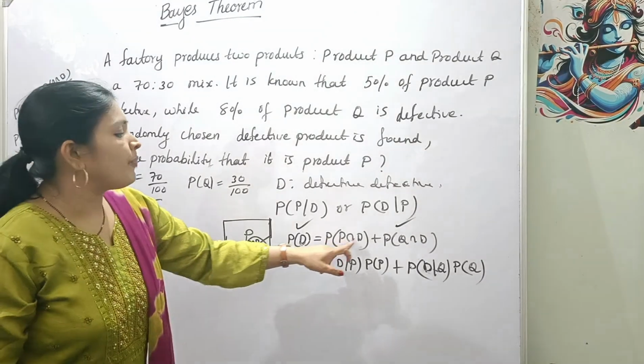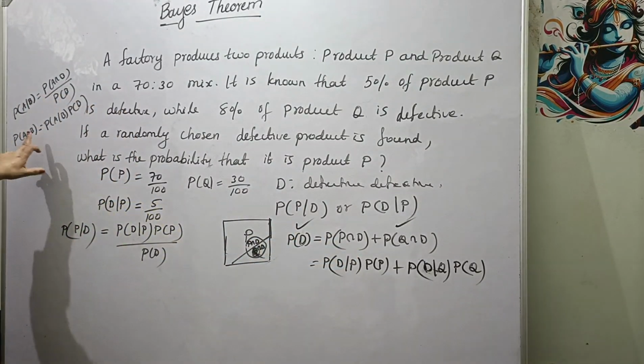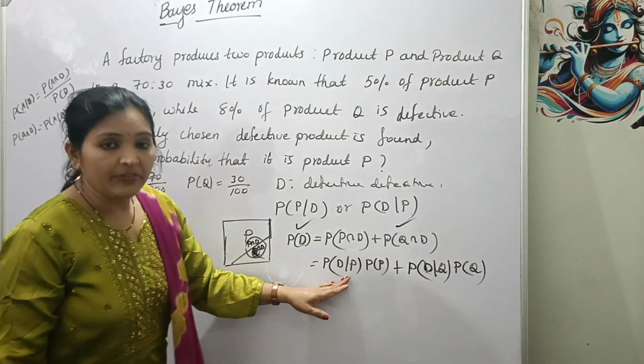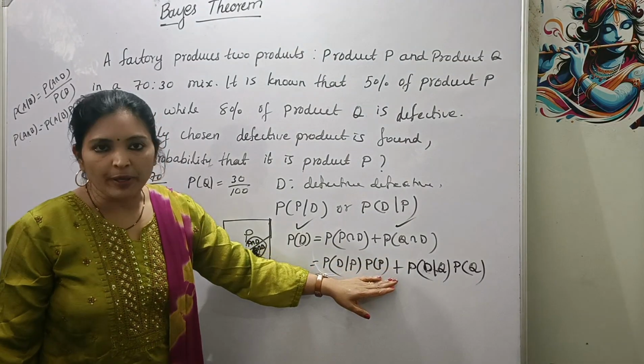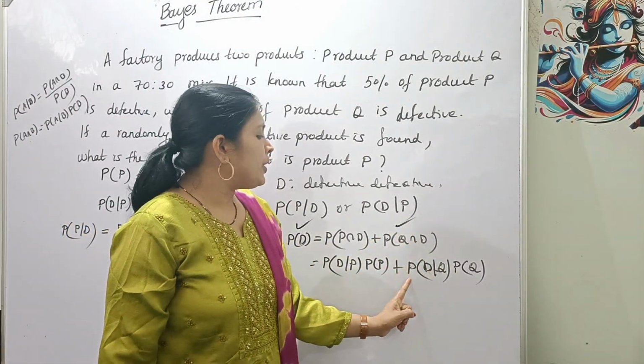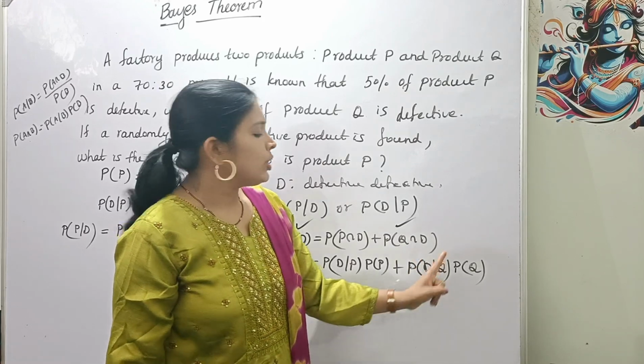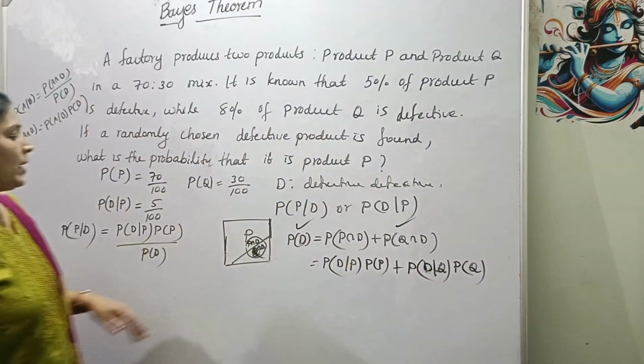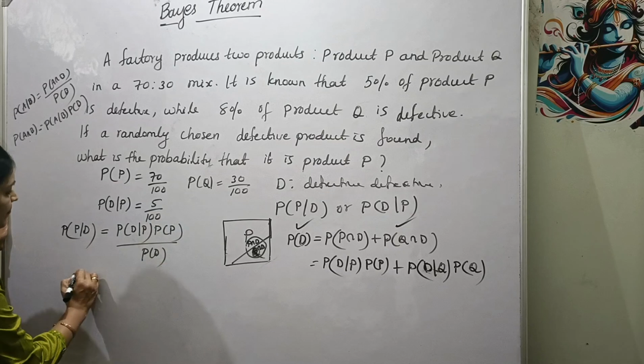That is, probability of P intersection D is equal to probability of D given P into probability of P, plus probability of Q intersection D is equal to probability of D given Q into probability of Q.